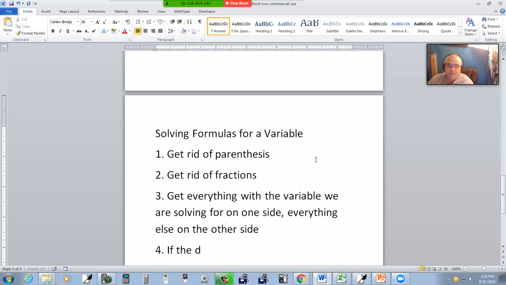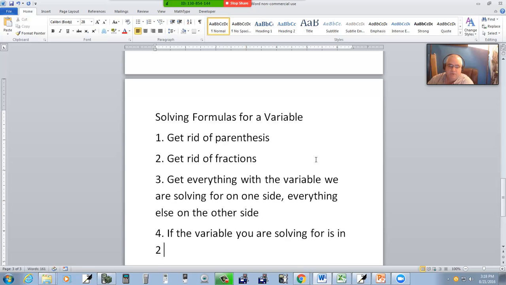Step 4, if the variable you're solving for is in 2 or more terms, then factor it out. Now technically they do not have to be terms.